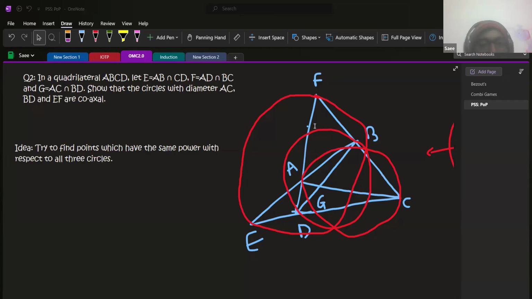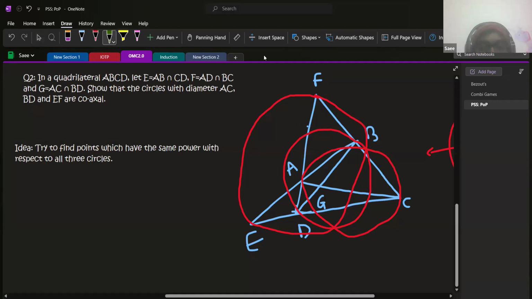So if we find 2 points which have the same power with respect to three circles, then we know that the line joining them has to be the radical axis for all the three pairs of circles. And because that has to be the radical axis for every pair of circles, the three circles are coaxial and then we're done.